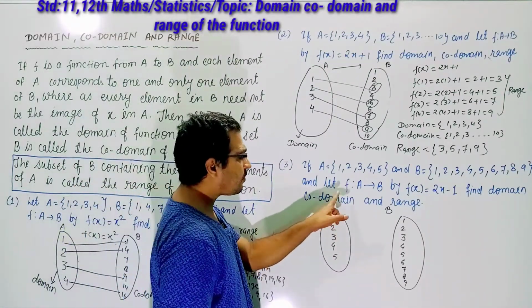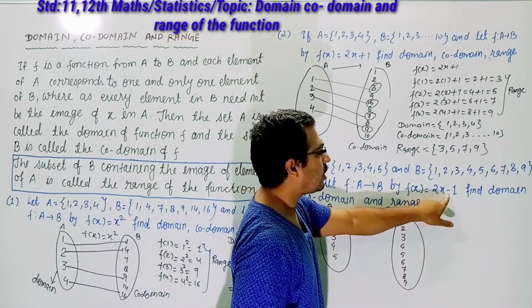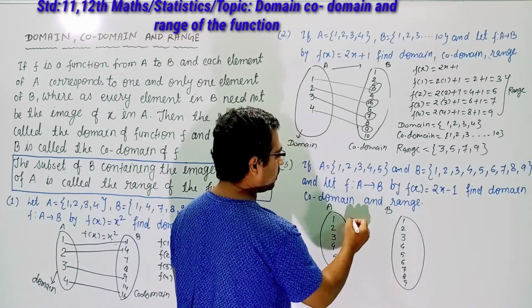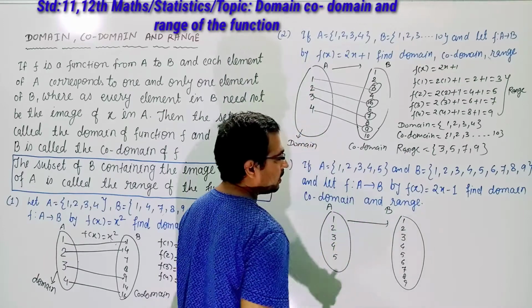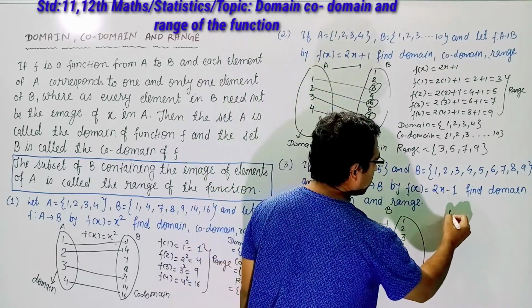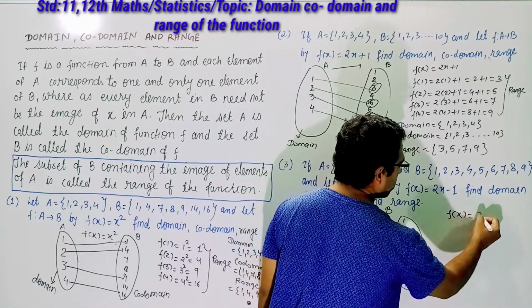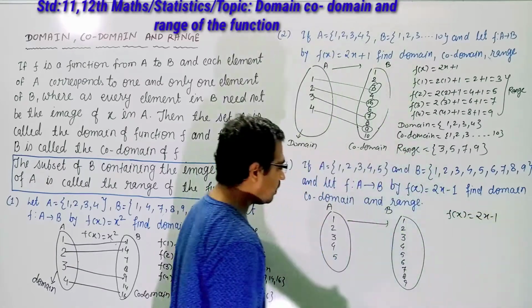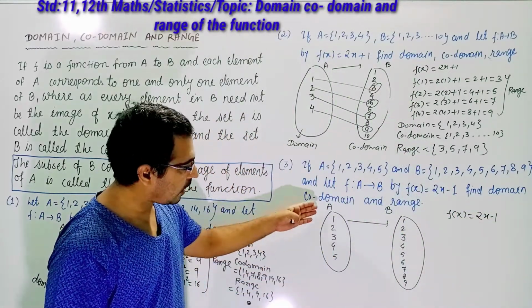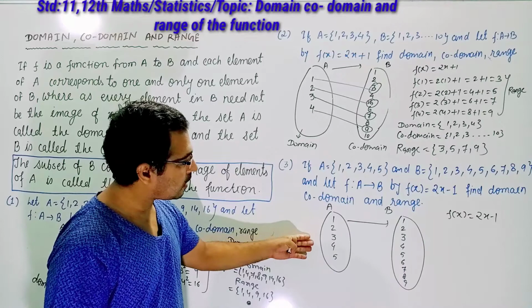Here the function is f of x is equal to 2x minus 1, defined over A to B. The elements of A are the inputs.